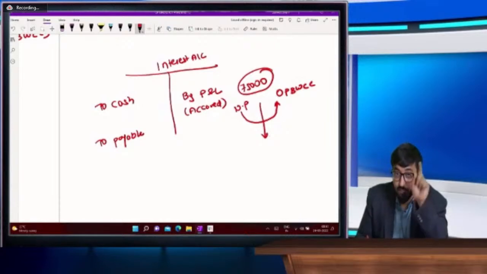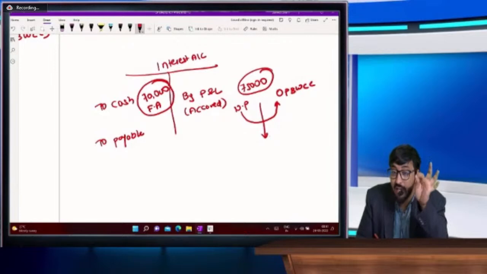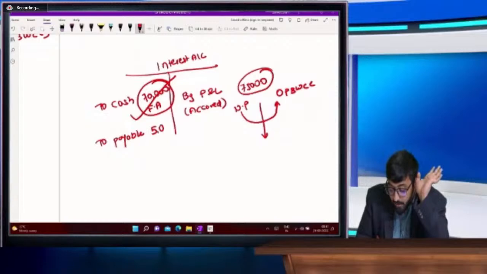But while deducting from financing activity, I will consider only 70,000, because the cash flow statement focuses on cash expenditure. So 70,000 I will show in financing activity, and I'm not bothered about this 5,000 because I'm preparing a cash flow statement.